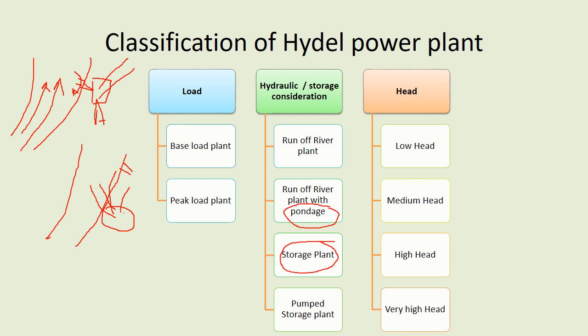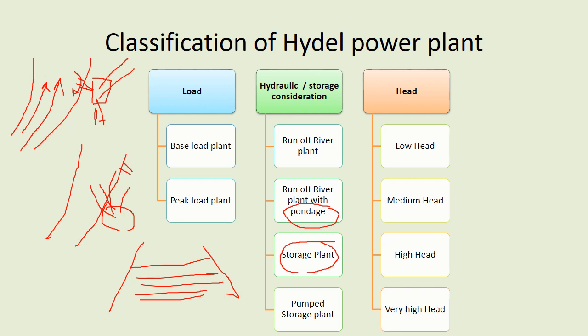For this storage plant, as the name says, we need to store water, so the storage is done by a dam. They make a huge dam and store the water, as I have shown you in a GIF file, where they store the water and make the turbine run.